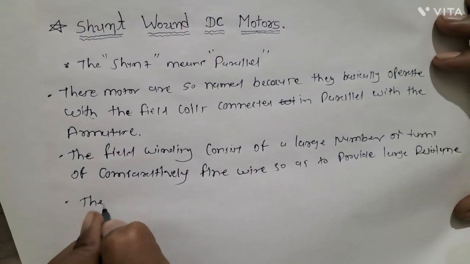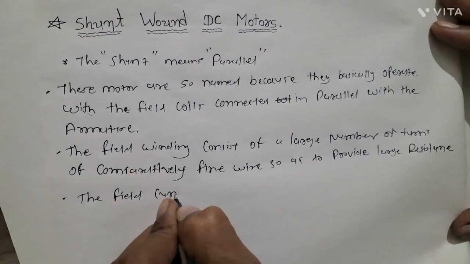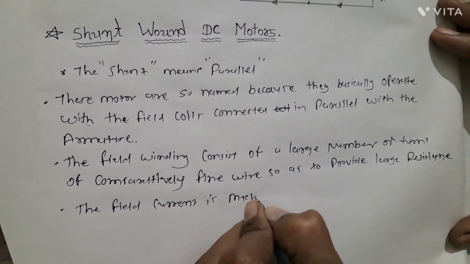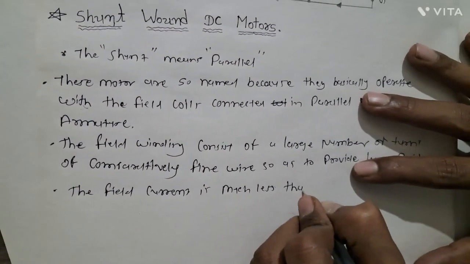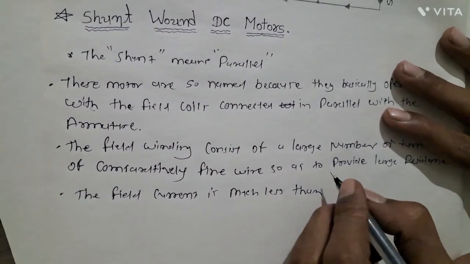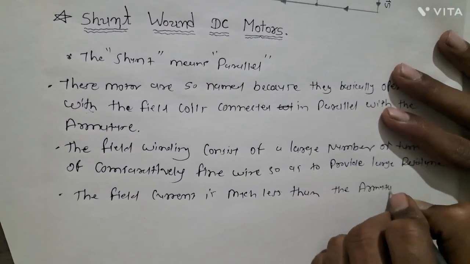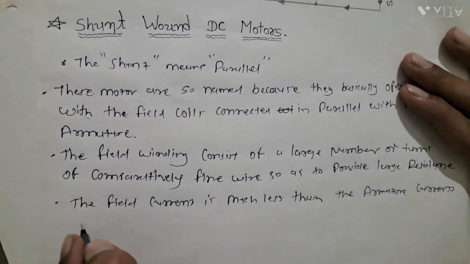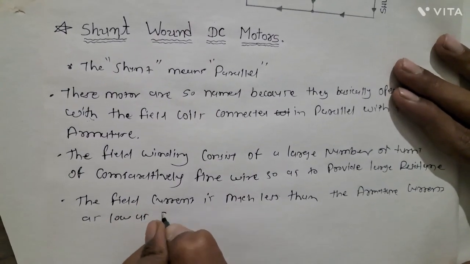The field current is much less than the armature current, as low as 5%.